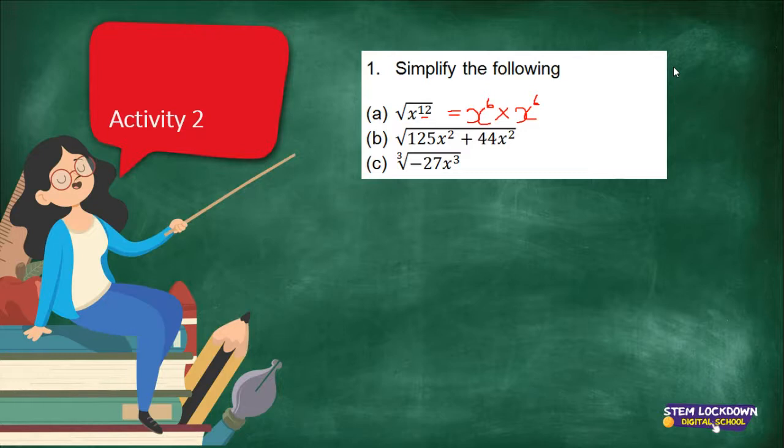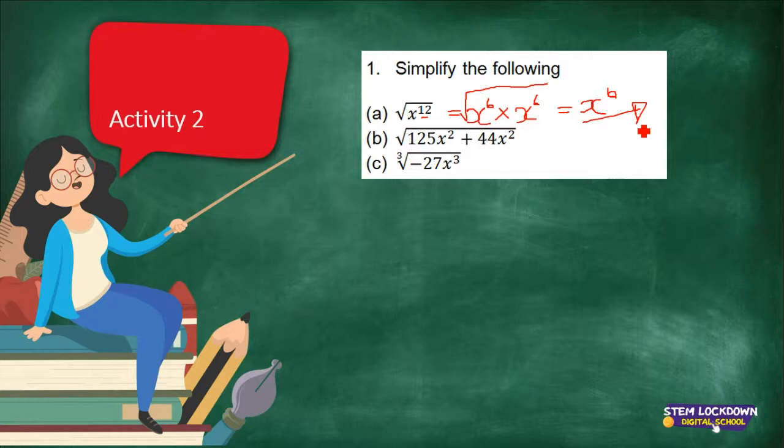So the square root of x to the power 12 must be x to the power 6. That is your answer.